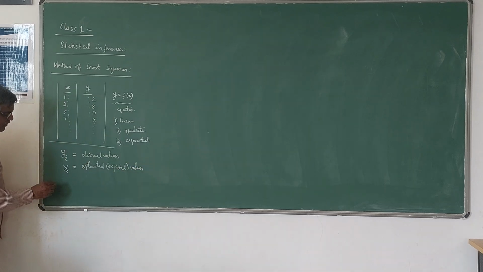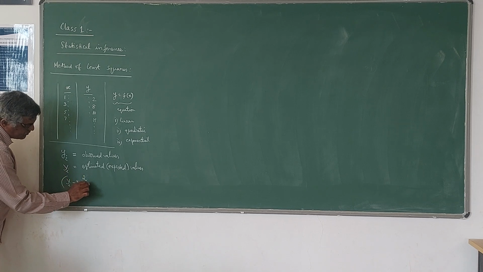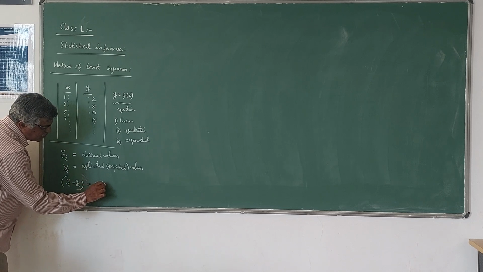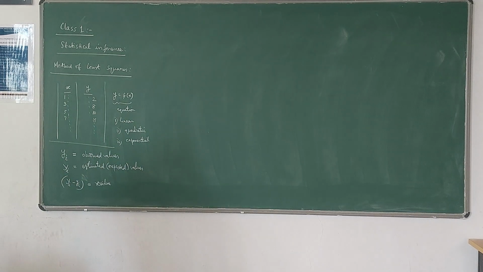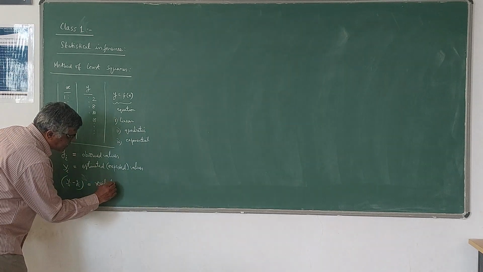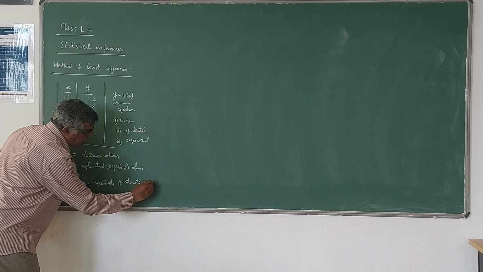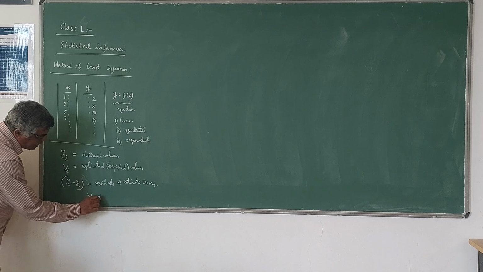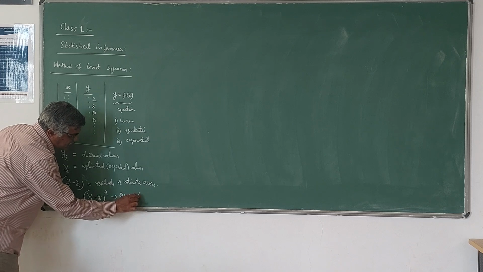Then the difference between these two, that is capital Yi minus small yi, is called the residue, or it is also called the error. So residue or residuals or estimate errors. Now, if you take the square of this, Yi minus yi whole square, this is called the square of residuals.